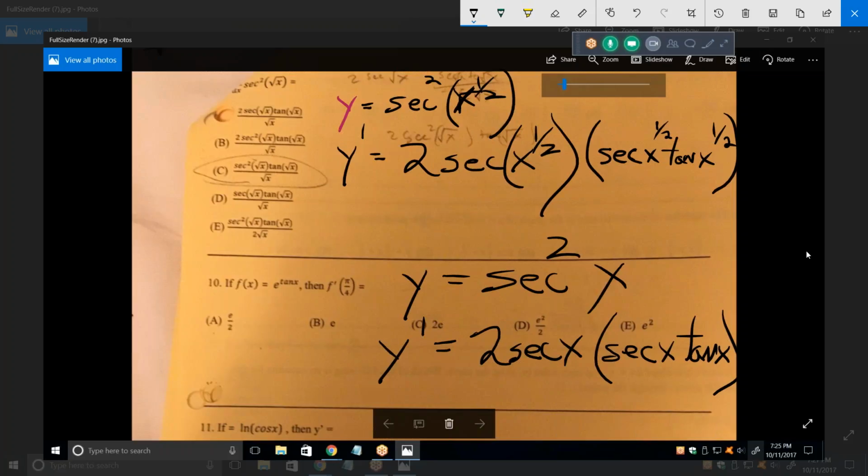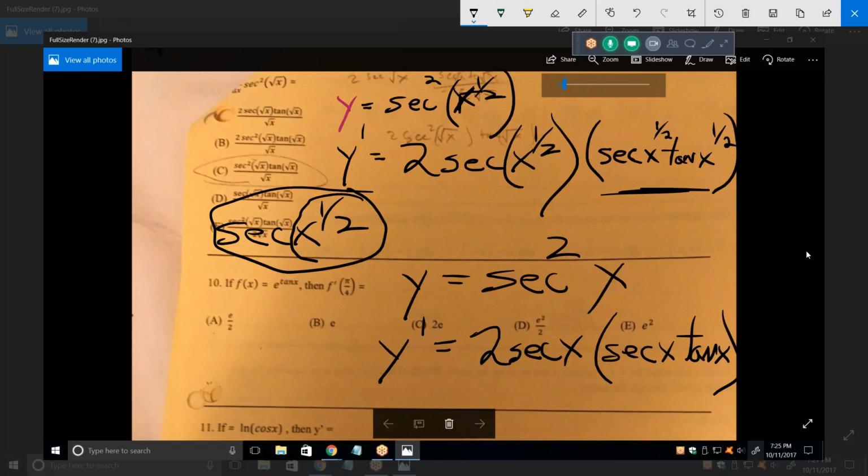The first inside is secant of x to the 1/2, and that's the derivative of that: secant of x to the 1/2 times tangent of x to the 1/2. But we still have to multiply everything by the derivative of the second inside.